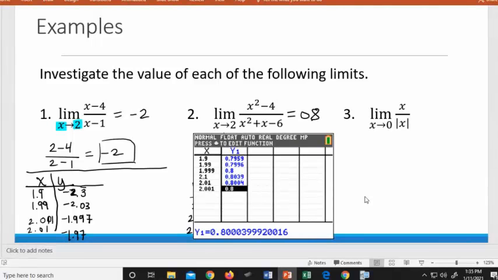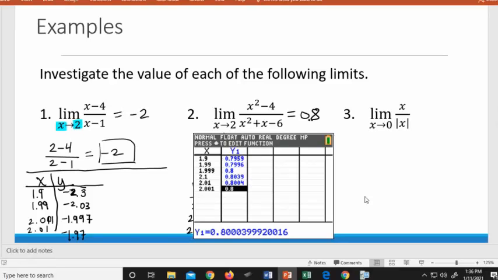But this last one, we want to find the limit of x over the absolute value of x as x approaches 0. Again, if I try to use direct substitution, I see that I get 0 over 0, or indeterminate form. So that doesn't help us. What we could do is look at the table or look at a graph.